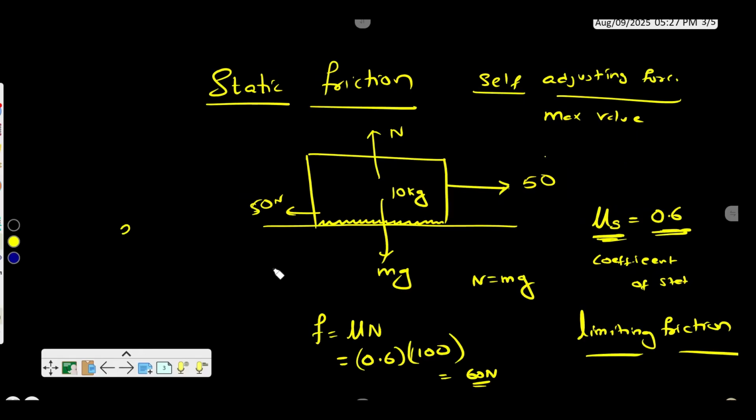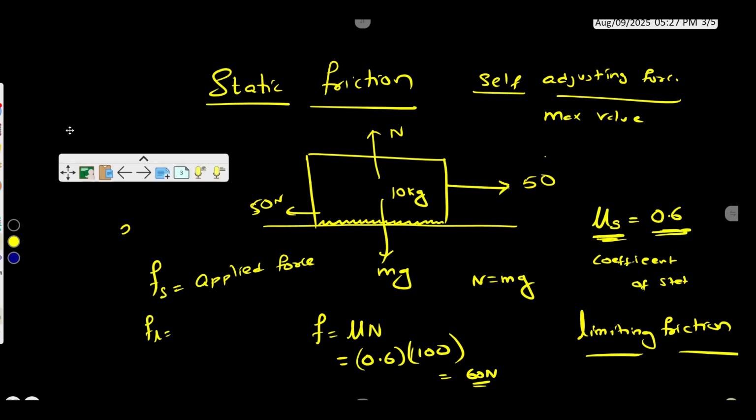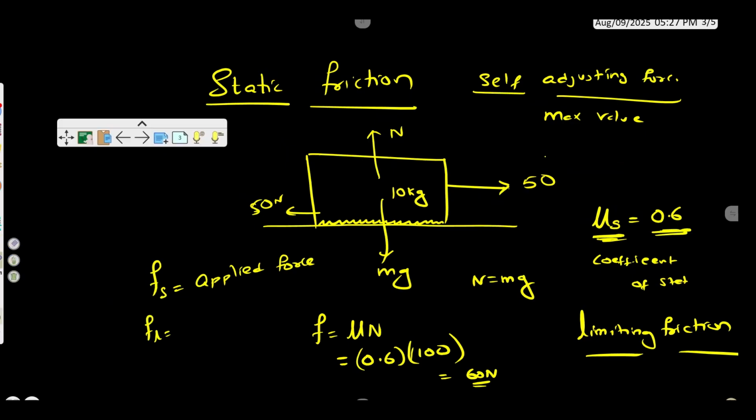Static friction is present when the body is not moving. It is exactly equal to the applied force. How will we find out? First, we find the limiting friction, then we understand whether the body is moving or not. If the body is not moving, static friction comes into the picture, and it equals whatever applied force you have put. How do we know the limiting friction?